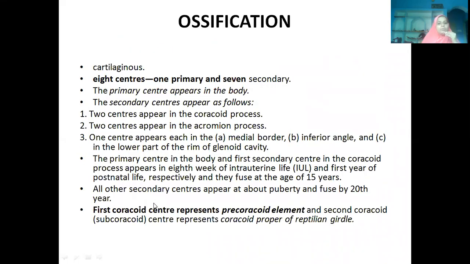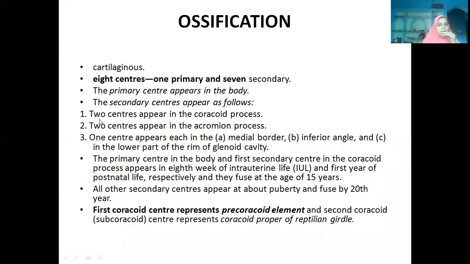Okay, now coming to the ossification centers. Nobody will ask you ossification, but just to complete the topic. Basically this is a cartilaginous type of ossification. That means initially a cartilaginous layout is formed and then it is transformed into bone. So we have 8 centers, 1 primary and 7 secondary centers. The 1 primary center appears in the body.